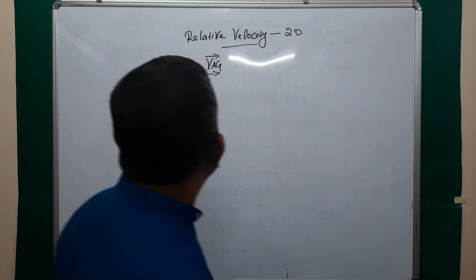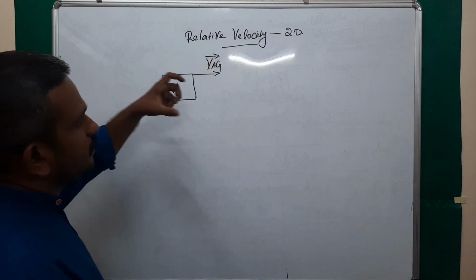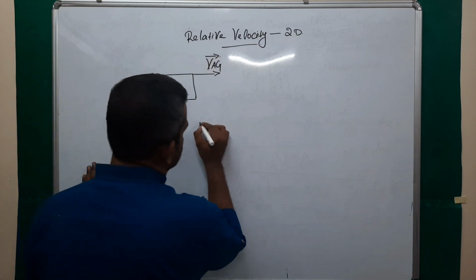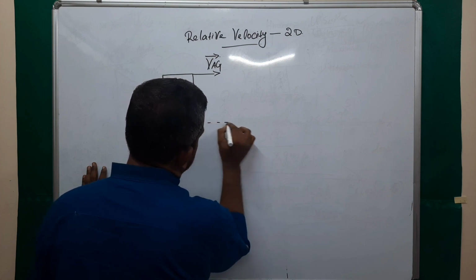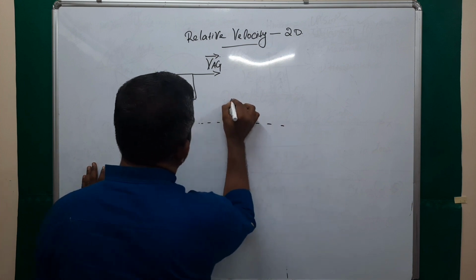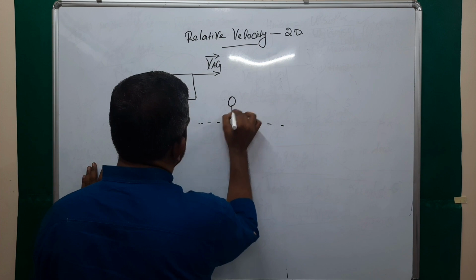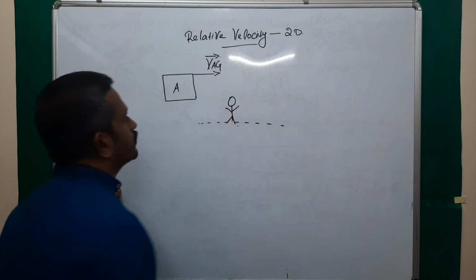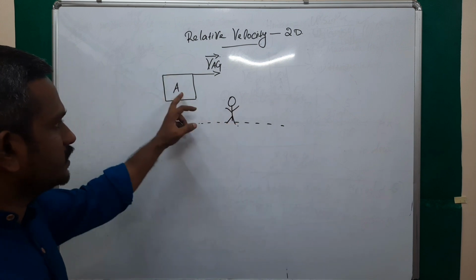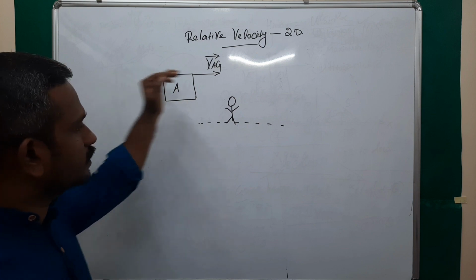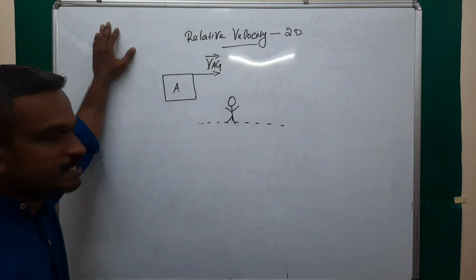So VAG, the observer is at the ground. This is the ground, and an observer is here. When he watches object A, it is moving with velocity VAG.